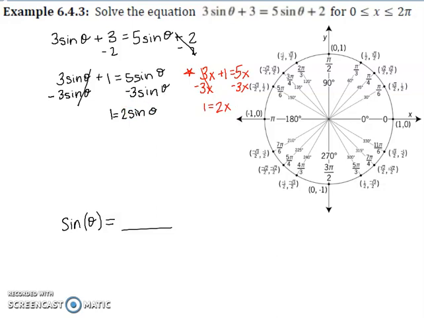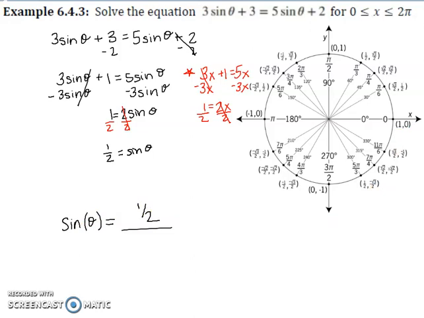Remember, my goal is to see sine of theta equaling some ratio. So to isolate it, I divide by 2 on both sides to get rid of that coefficient, just like I would divide by 2 if solving for x in the second equation. So on the left, I've got 1/2 equals sine of theta. So sine of theta is equal to 1/2.